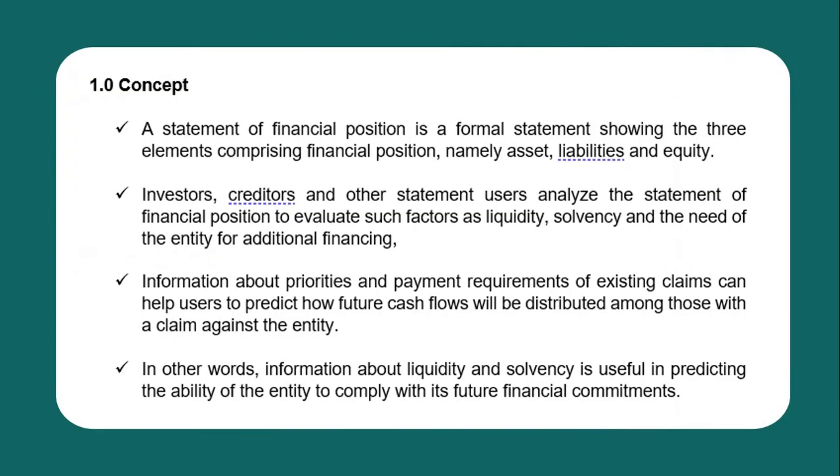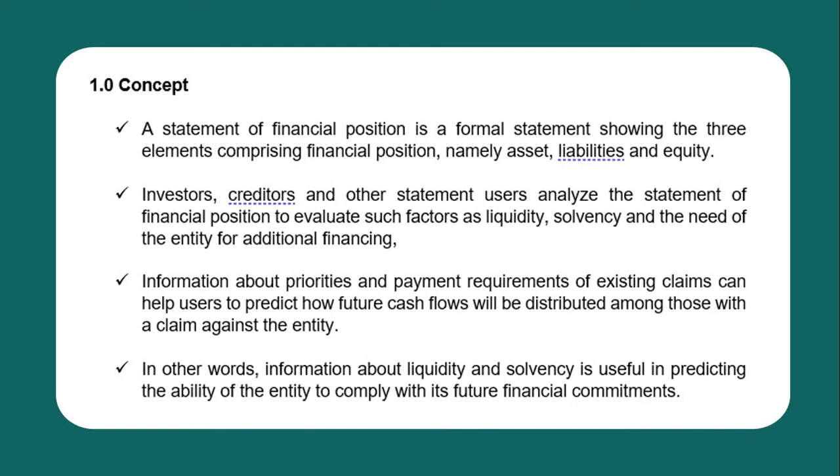Now, a statement of financial position is a formal statement showing the three elements comprising financial position, namely the assets, liabilities, and equity. Investors, creditors, and other statement users analyze the statement of financial position to evaluate such factors as liquidity, solvency, and the need of the entity for additional financing.